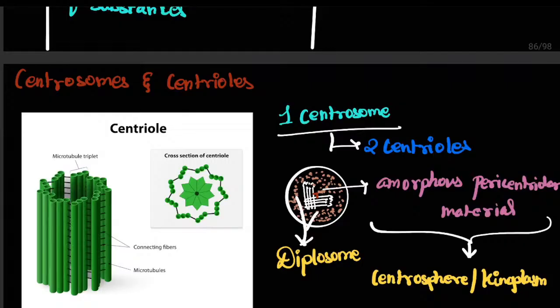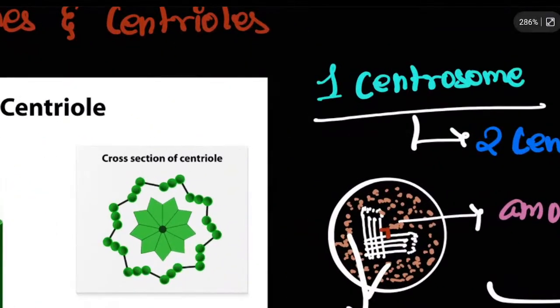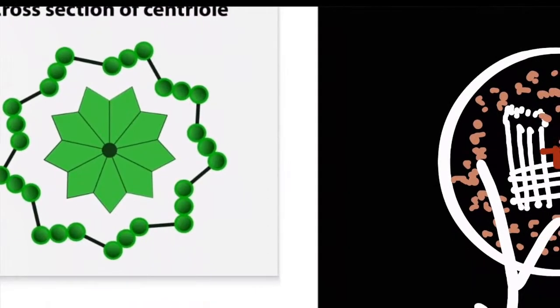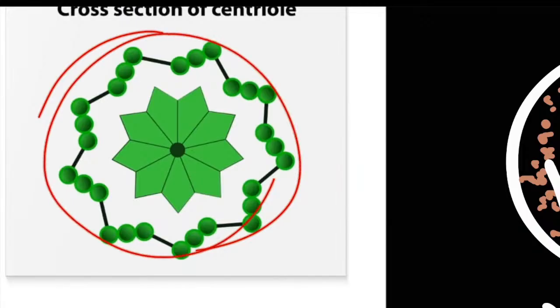They are not exactly circular in shape, they are more star-ish in shape. So you can see over here very clearly this is the structure of a centriole.